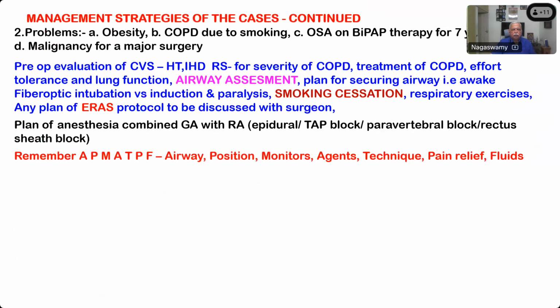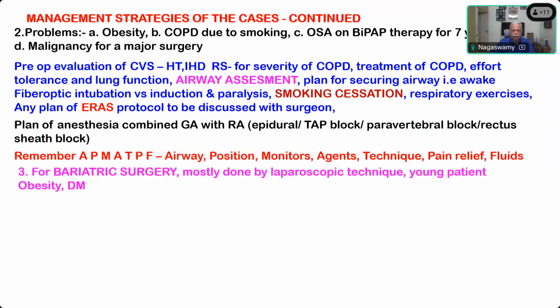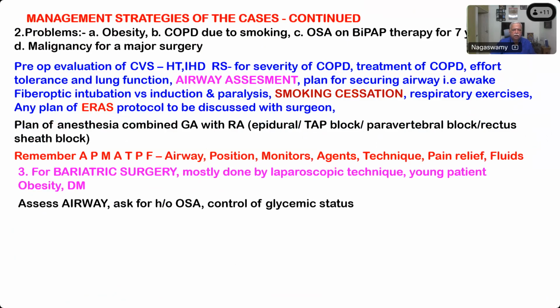So remember the mnemonic for GA. For bariatric surgery, the third case is a laparoscopic procedure. The patient is young, but they have diabetes. So airway, OSA, and the glycemic control are very important.